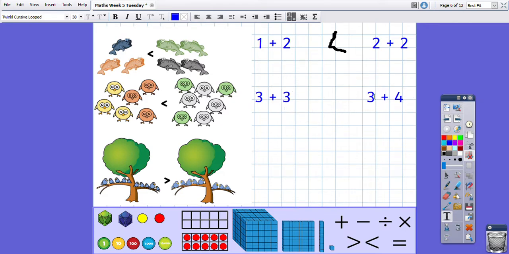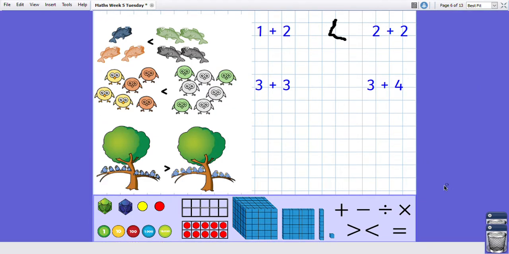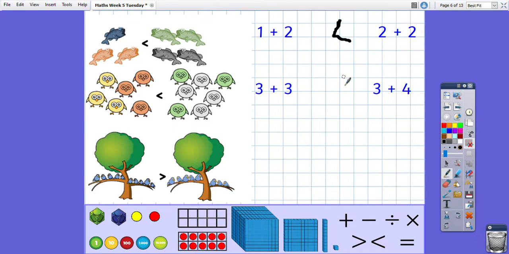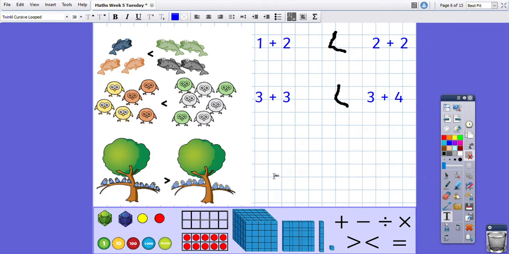And I know that that must be bigger because 4 is a bigger number than 3. So it's 6 and 7. So 7 is the bigger number. So I'm going to draw my crocodile eating that sum.